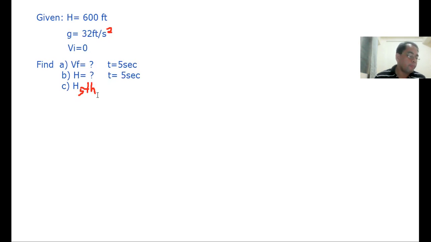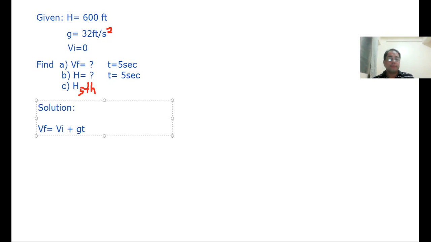Okay, now the first problem. Let's start with letter A. For our solution, how do we find the final velocity? Final velocity can be written as V sub I plus GT. That's our equation.